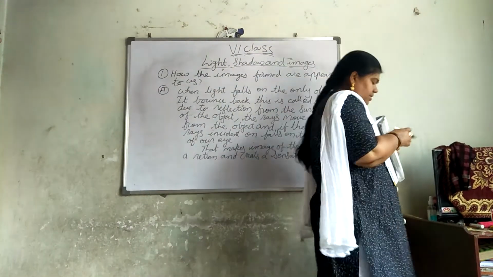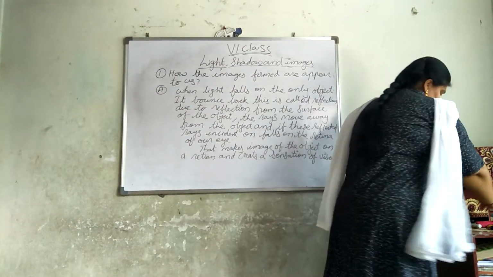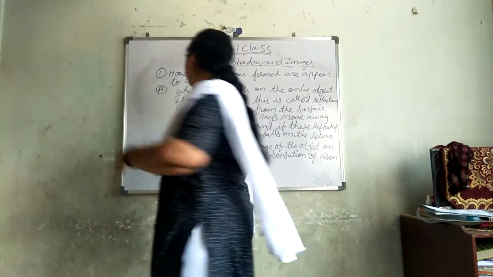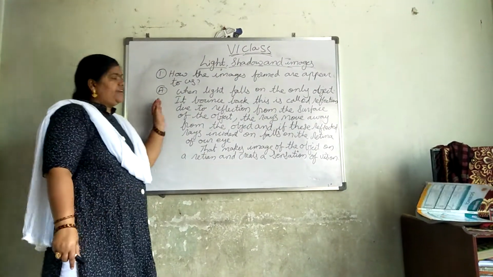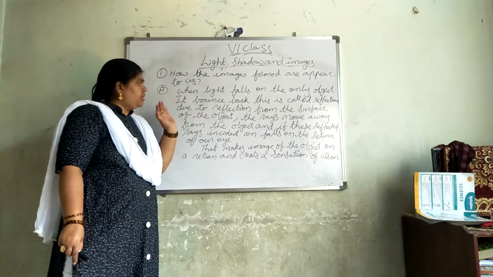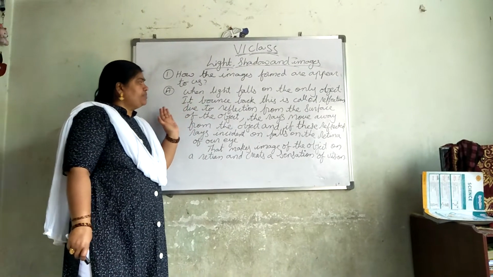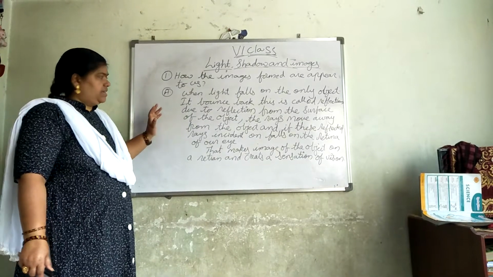So please check the answer here. What does that mean? How the images formed appear to us. When light falls on the objects, it bounces back. This is called reflection.